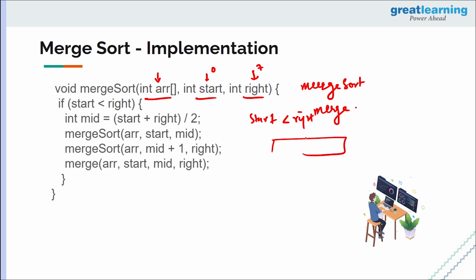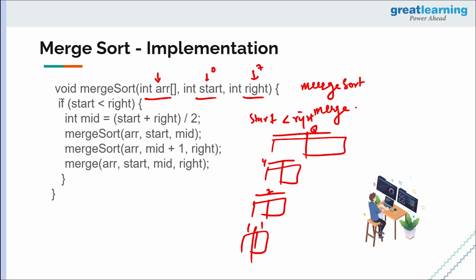First it will be 8 elements, then we'll be dealing with only 4, then with only 2 elements, and finally we'll be dealing with 1 element, and that's it, right? So this function will be called again and again, unless and until your start is less than your right.